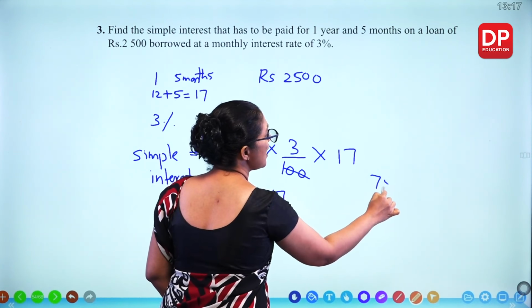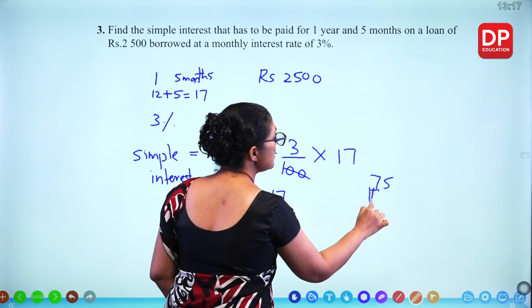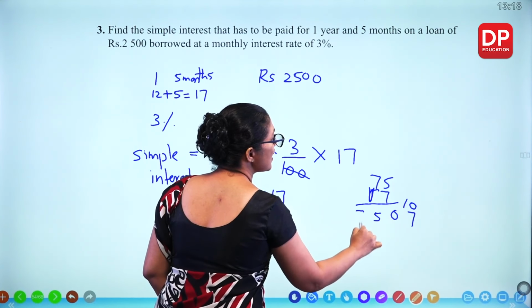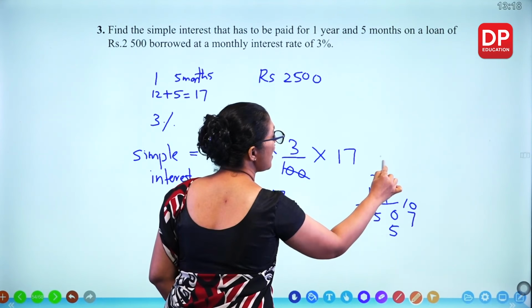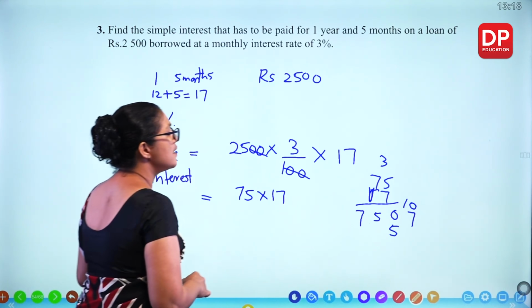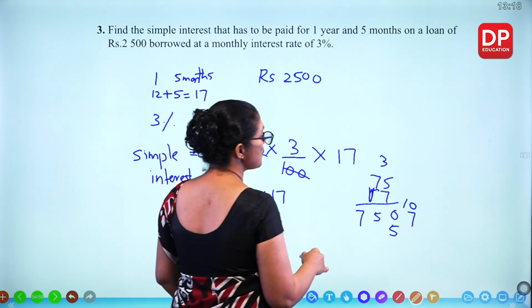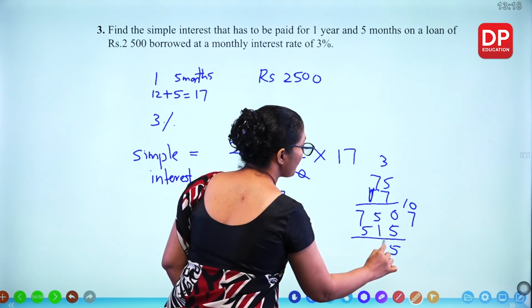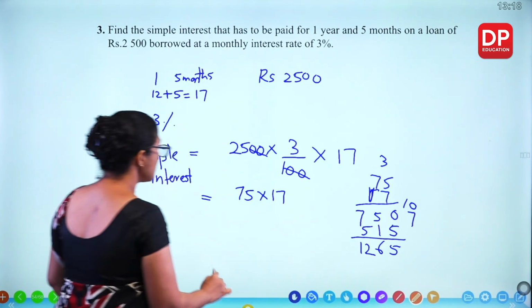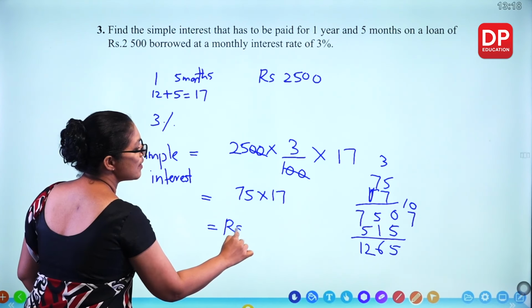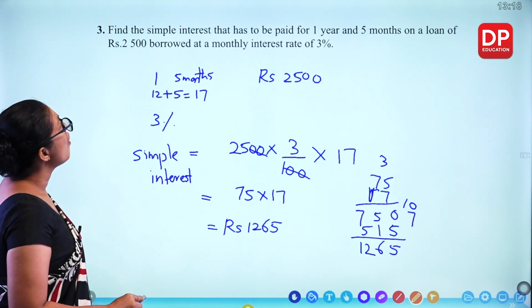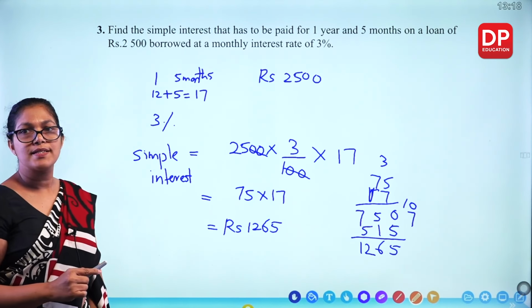So we'll multiply 75 times 17. 7 times 5, 35. 7 times 7, 49 plus 3, 51. 1,275 rupees for 17 months.